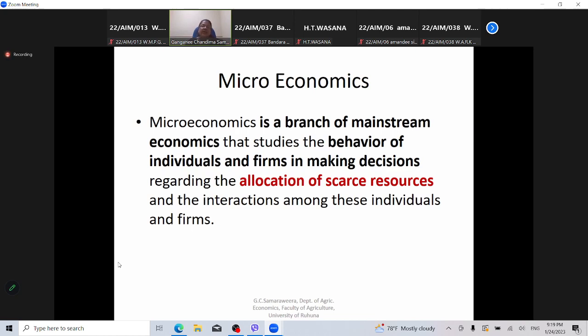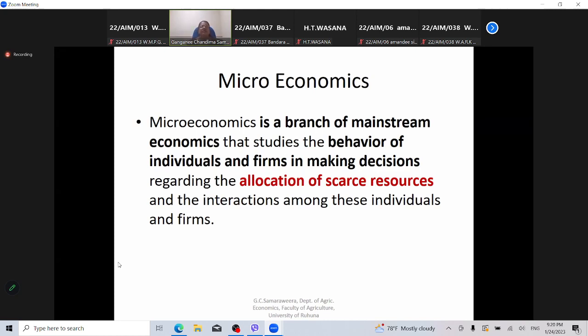When we discuss the behavior of individuals and firms, it is micro level, small units. Individuals means small. You all are separate individuals. When they make decisions, they need to decide how to allocate the scarce resources to fulfill the unlimited needs and wants of individuals and firms.